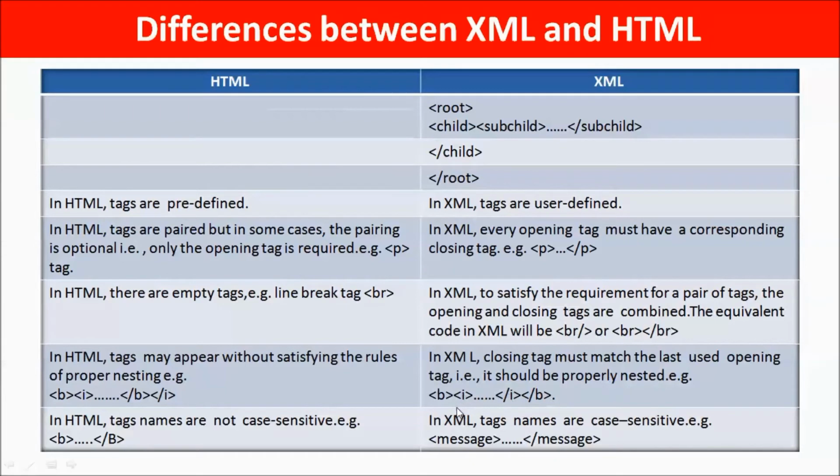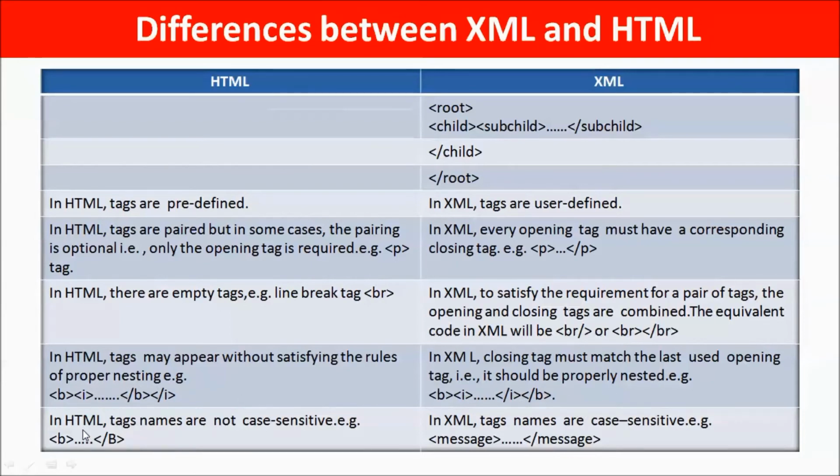We cannot use <b><i></b></i>. If we don't maintain the order, it will not work in XML, but it will work in HTML. Without proper nesting, HTML tags work, but in XML, we must properly nest the tags.